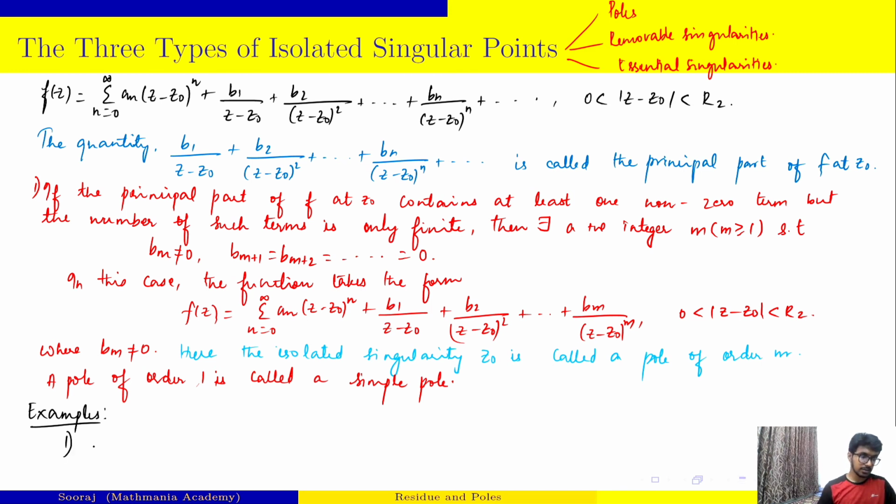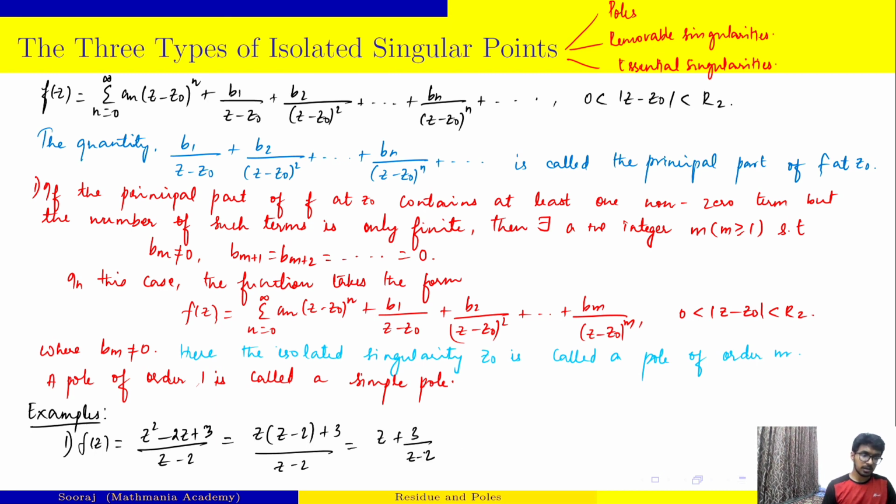Now let us see some examples. The first one: the given function is (z squared minus 2z plus 3) upon (z minus 2). This may be written as z(z minus 2) plus 3 upon z minus 2, and this may be written as z plus 3 upon z minus 2, and you have to expand everything about 2, so we just add and subtract 2 to write things in this form.